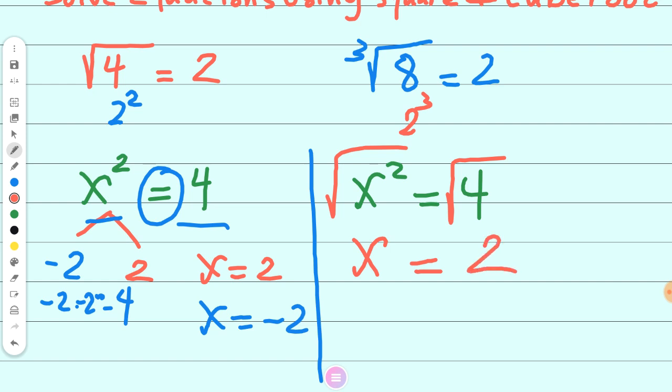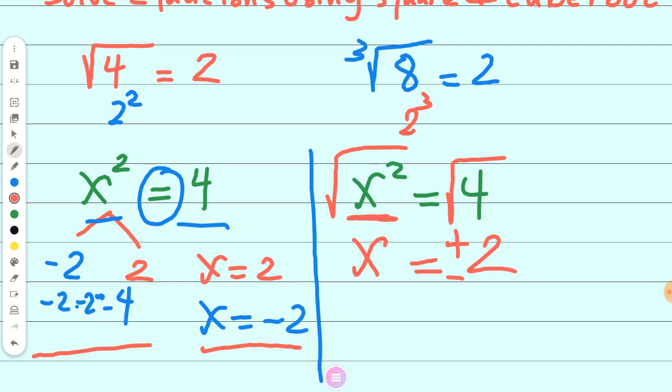Not only 2, no, positive or negative 2. As I said before, I have two answers. So if I have a variable and take the square root, I have two answers. This answer may be positive and may be negative, okay? So for the square root, I have two answers if I have a variable.